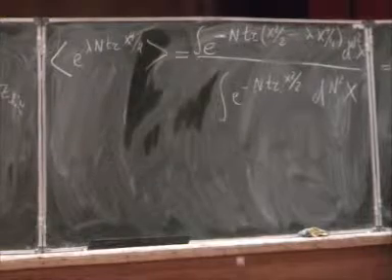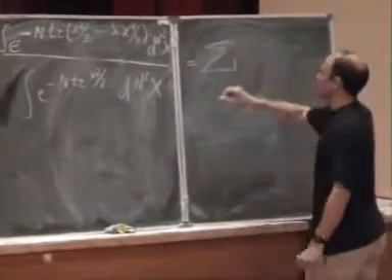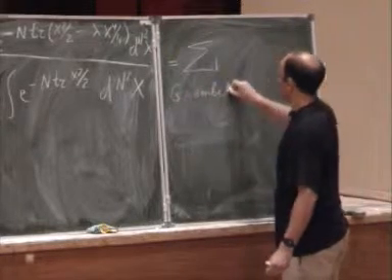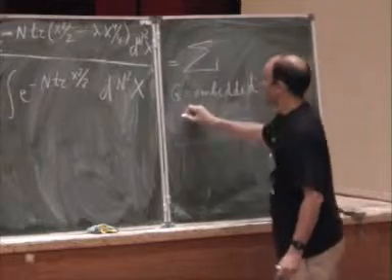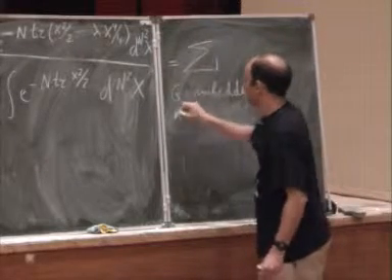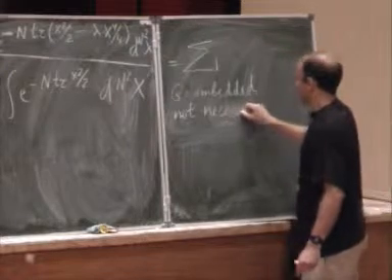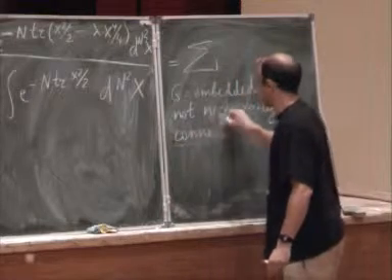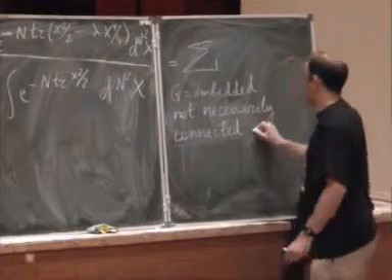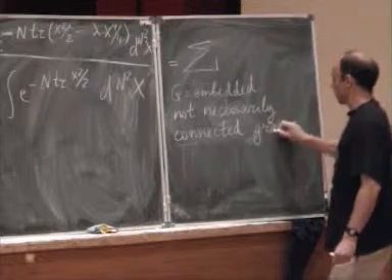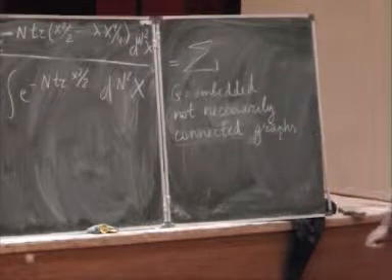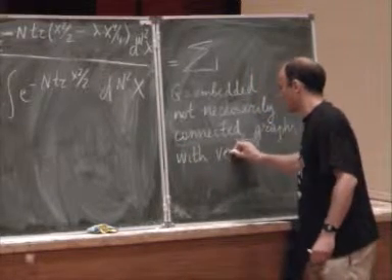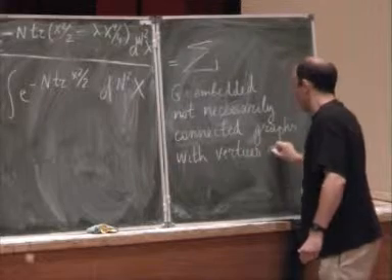And so this is the sum over embedded graphs, not necessarily connected, with vertices of valency 4.